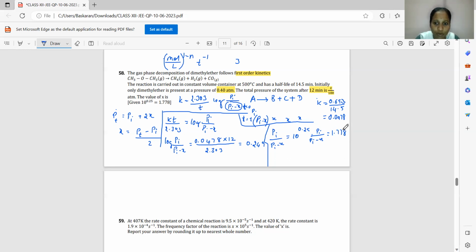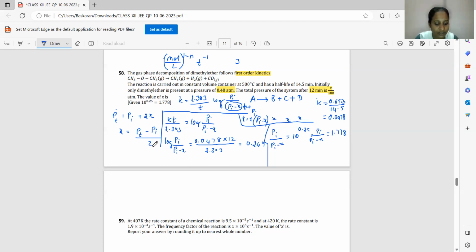Now substituting what is Pi given in the question, that is 0.40 atmosphere, and what we will get in terms of the denominator, that is the total pressure of the system at time t, that is Pi minus X, by substituting the X value. So here is the X value.